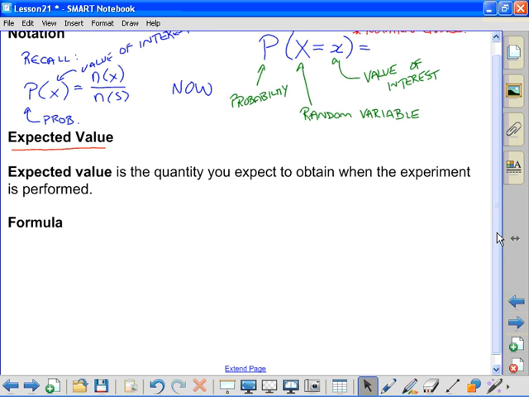When you're dealing with the formula, the expected value notation for the first types of distributions is a capital E, followed by X, our random variable. How you calculate it is that you take the value of each particular variable in question and multiply it by the probability of it occurring.